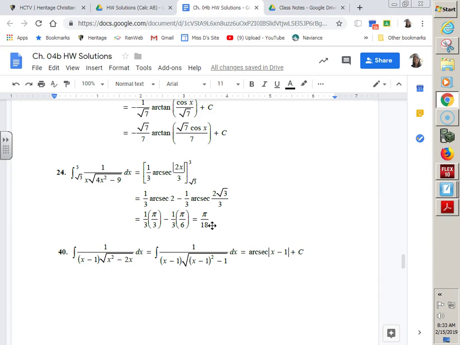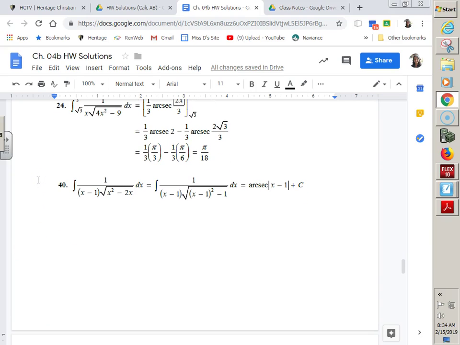Number 40. What did you need? Completing the square. But there wasn't one. Well, then you add what you need. Adding the 1 gets you (x minus 1) quantity squared.